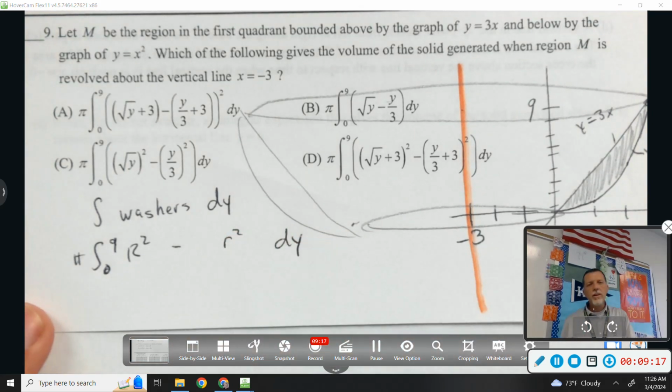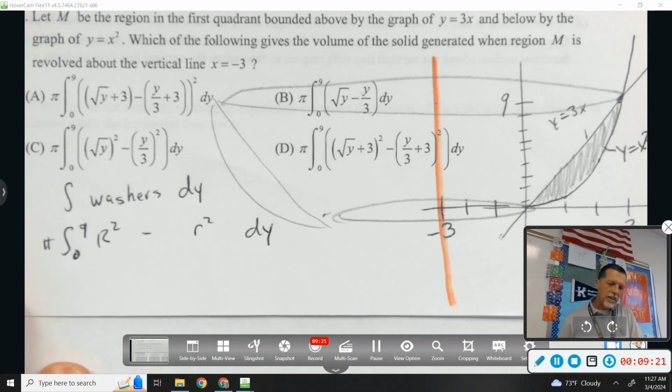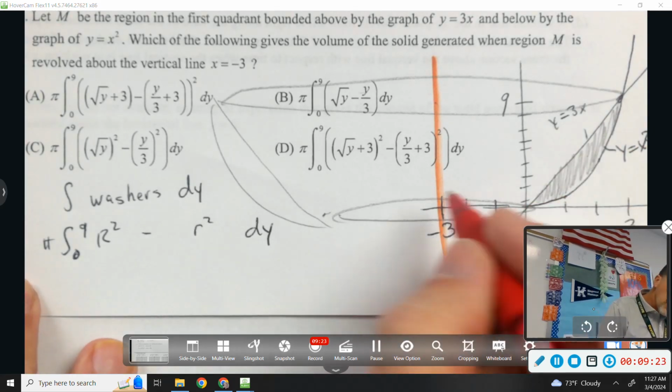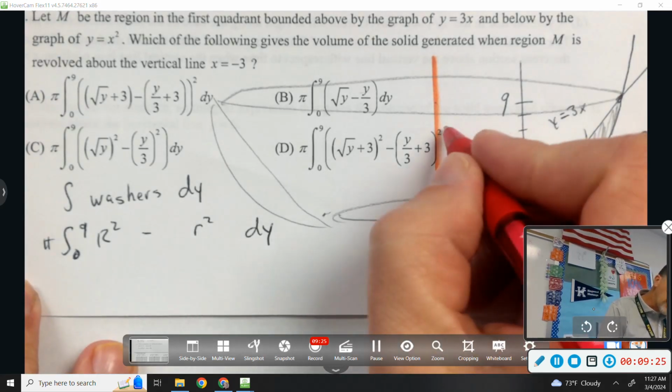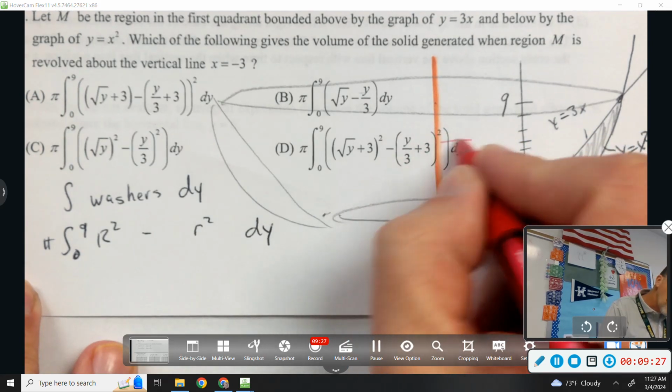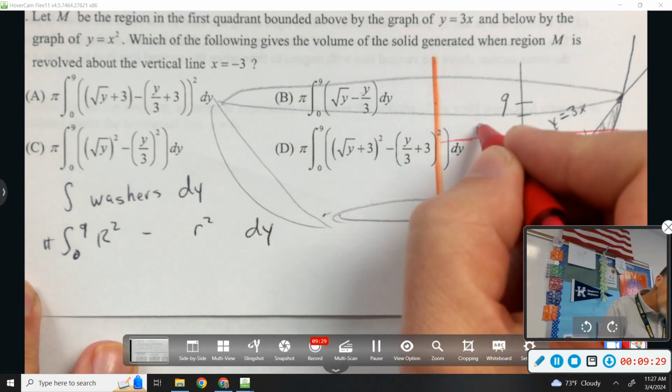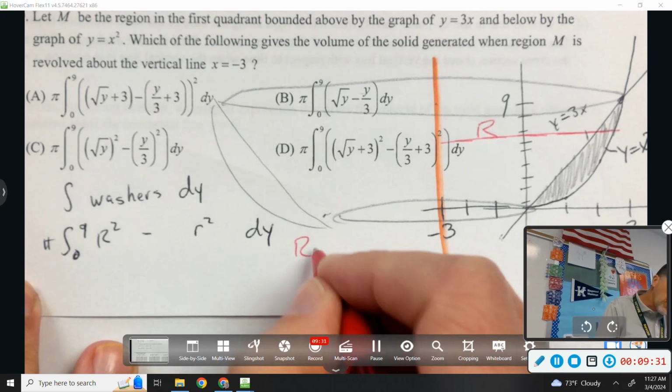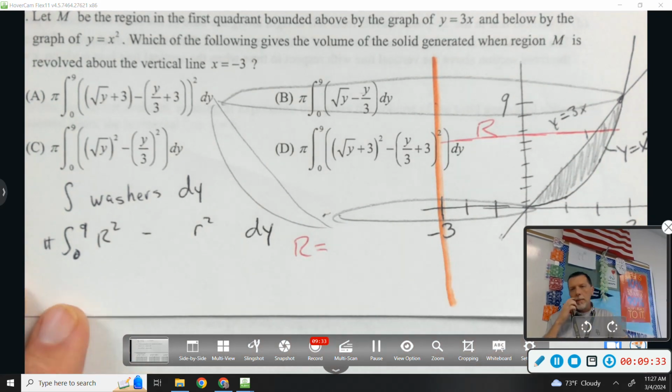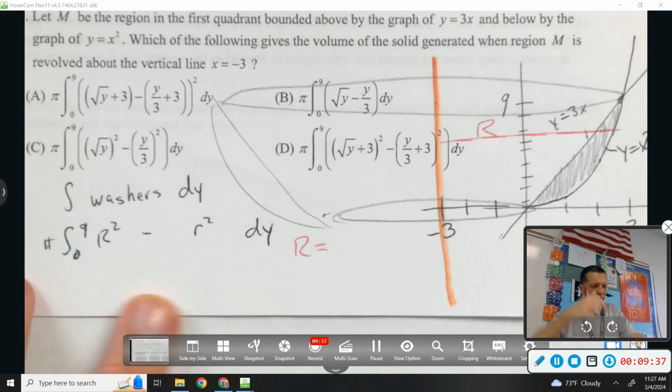R squared minus r squared. I wrote them spread out like that because I know they're going to be big expressions for r. Big R would be to the outer edge. And I'm not doing top minus bottom. It's a left and right thing, so I've got to go the right side minus the left side.